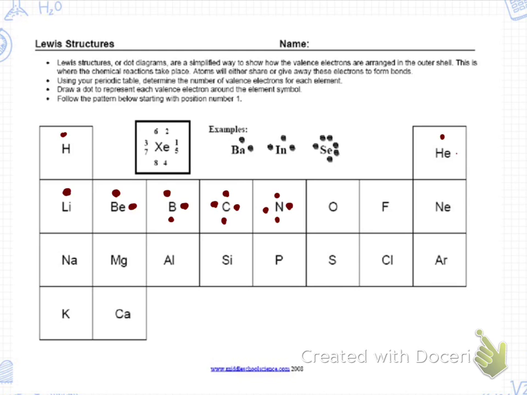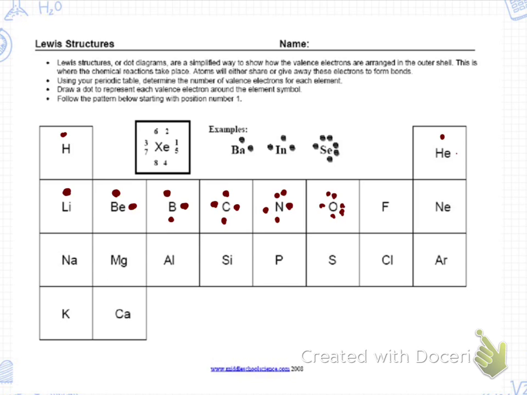This is a little easier to do on paper than it is on an iPad, but you'll get the right idea. And then oxygen is right next to nitrogen, so let's do 1, 2, 3, 4, 5, 6. Oh, there's actually 2 electrons on that side there. Fluorine is even farther to the right.